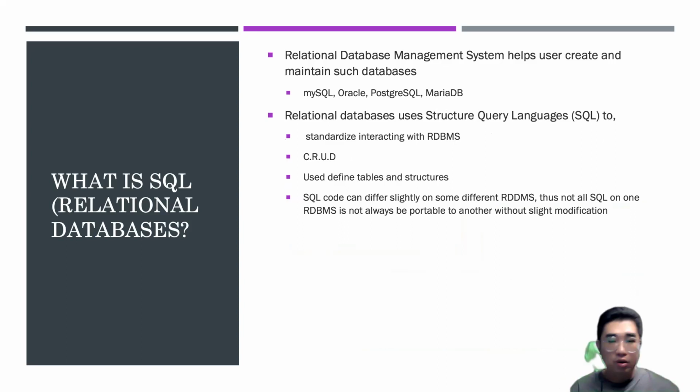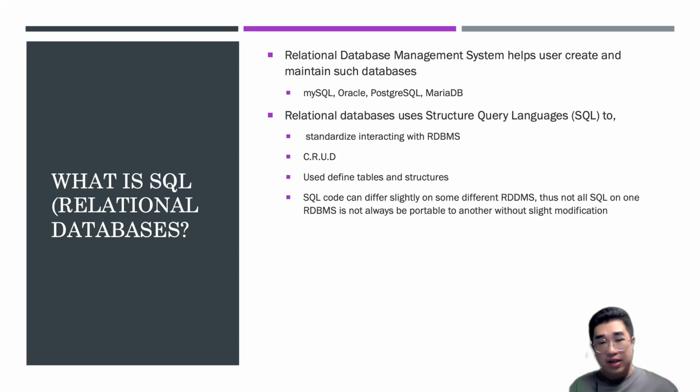Interchangeable. Sometimes I'll say relational, sometimes I'll say SQL databases. Just forgive me if I keep changing, but basically these are the same thing. Okay, relational databases, we talk about the management system now, the DBMS. Relational database management systems are usually there to help you create and maintain the database.